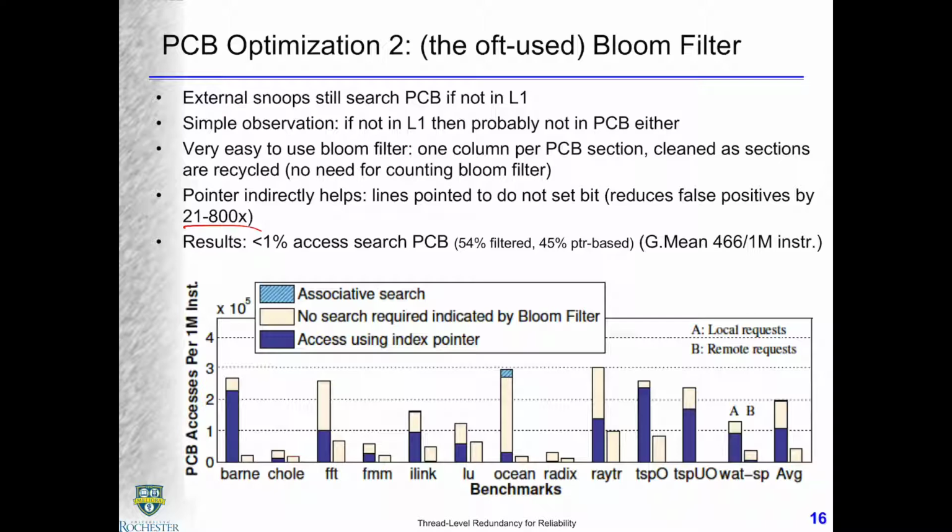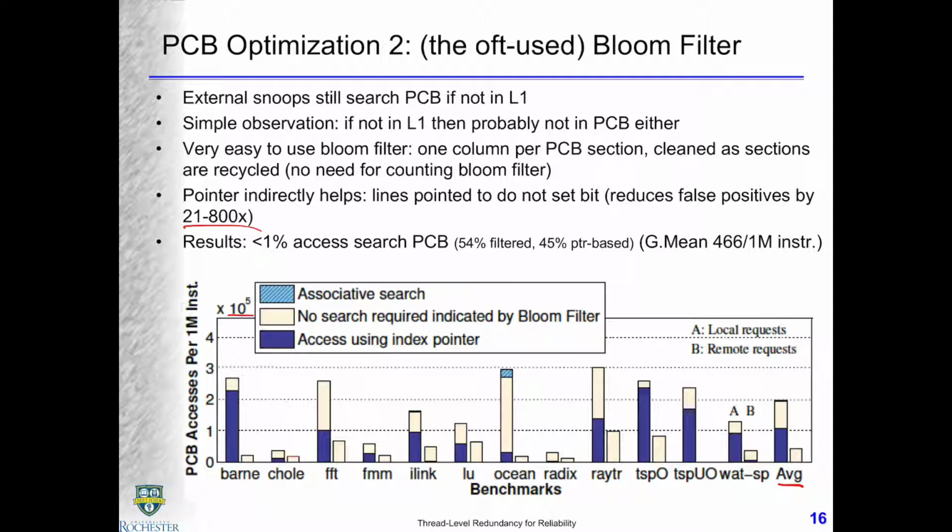I have a whole bunch of benchmarks. On the y-axis, I'm showing you the frequency measured in the number of PCB accesses, meaning an associative search, per 1 million instructions. And these are on the order of 1 to 4 times 10 to the 5, so hundreds of thousands. So if I don't have any of the optimizations, on average, let's just take a look at the average, and everything else makes sense.